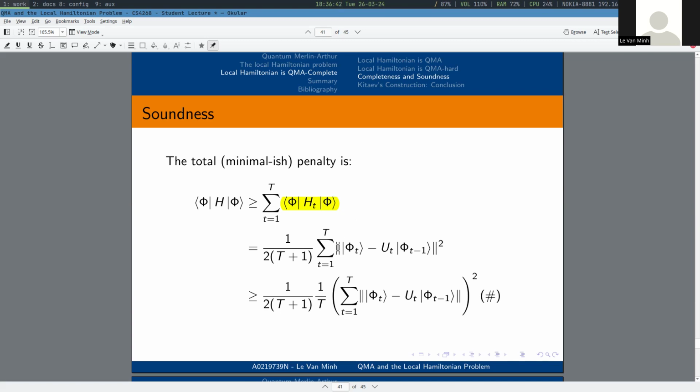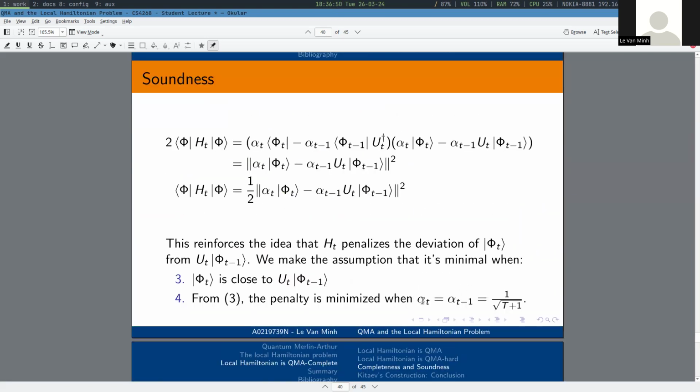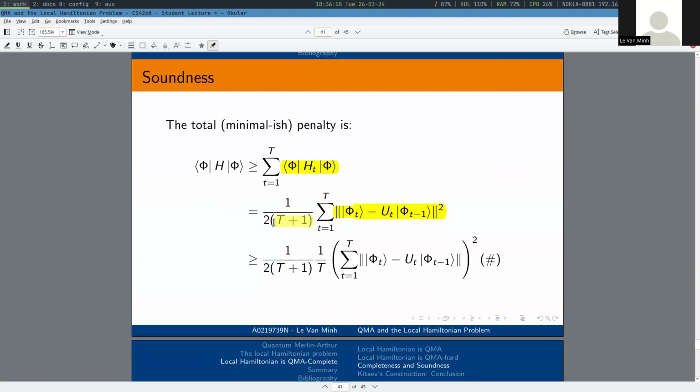And from the result of the last slide, we can see that this is equal to this, because we have made the assumption that all the alpha are equal to this quantity, which made up the term on the left-hand side.